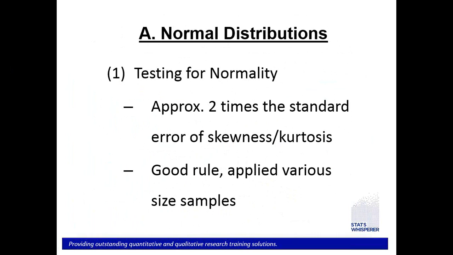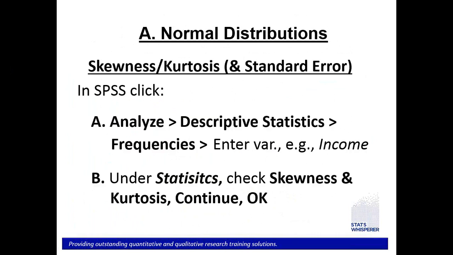Now this is a good rule and it applies to various sample sizes. Okay, so actually this is done in SPSS right along the same way where we run our frequencies. So let's look at that really fast in SPSS.